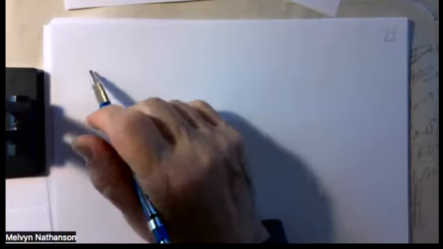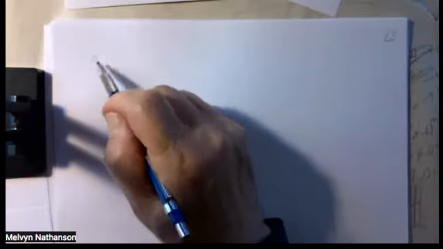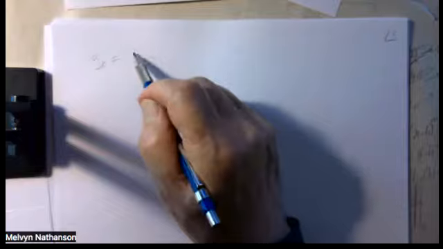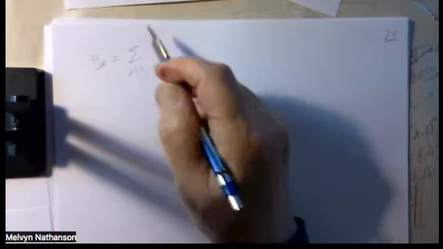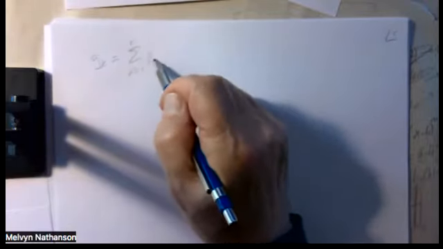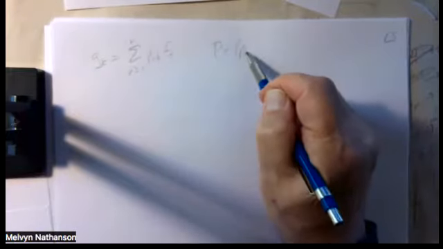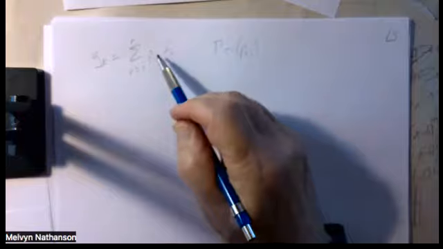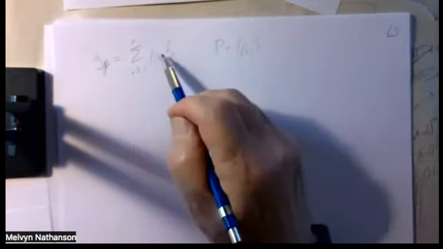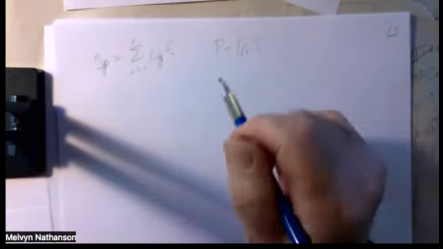So we have g sub k is summation i goes from 1 up to n, p_ik, f sub i, and P is the matrix p_ij, or g sub j. Right?